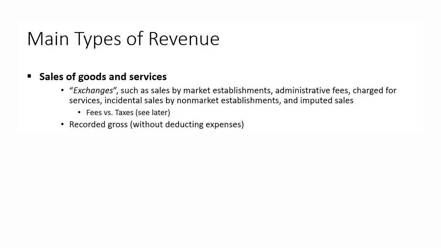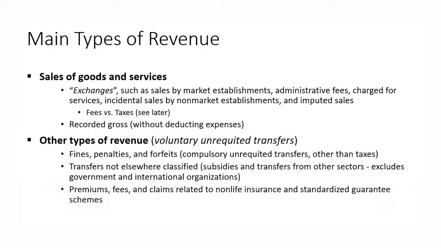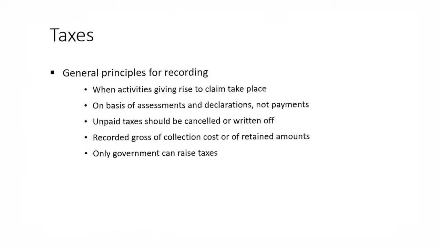So then we have other types of revenues: fines, penalties and forfeits, transfers not elsewhere classified, premiums, fees and claims related to non-life insurers and standardized guarantee schemes. So these are all different types. Let's come a little bit closer to the most important, to the taxes.